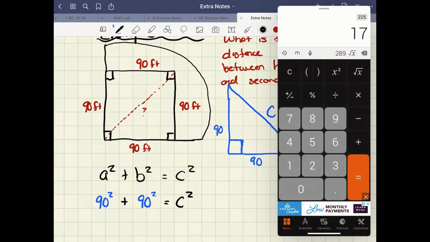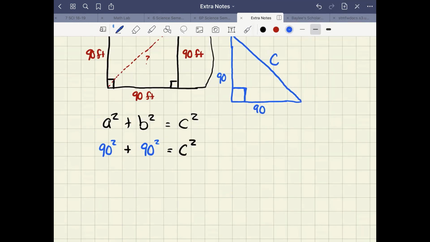We're going to come over here and do 90, and we can hit the squared button, which would be 8100, or we can just do 90 times 90, 8100. So we get 8100 plus 8100 equals c squared. When we combine them, this is going to give us a value of 16,200 equals c squared.